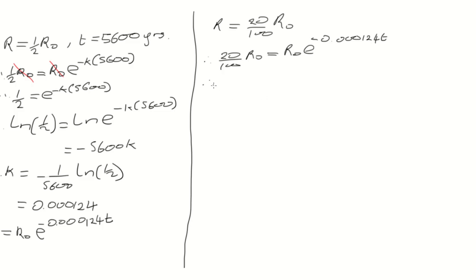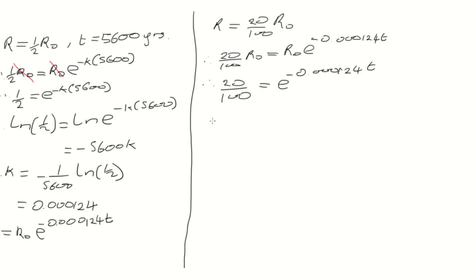So basically what we have here is 20 over 100 is equal to e raised to minus 0.000124 t. So we're having the same situation again. We are looking for time here, but t is sitting on top in the exponent, so we have to drop it, and we can do that just by using the logs.